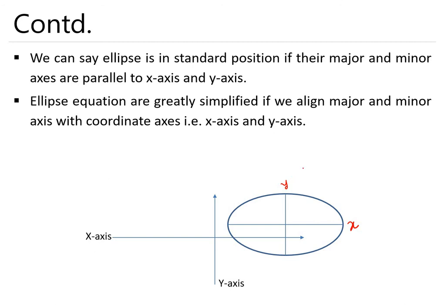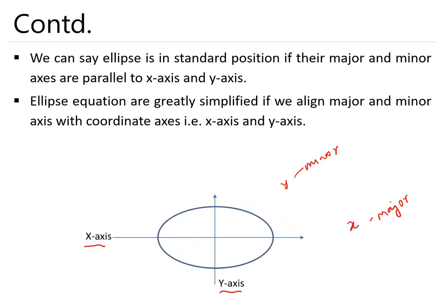So this is your minor axis, and this is your major axis. If we can align them here with the x-axis and the y-axis, then the ellipse equation is greatly simplified. Okay, so we can align it like this. All right.